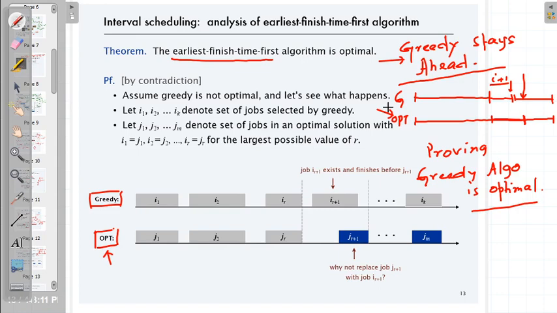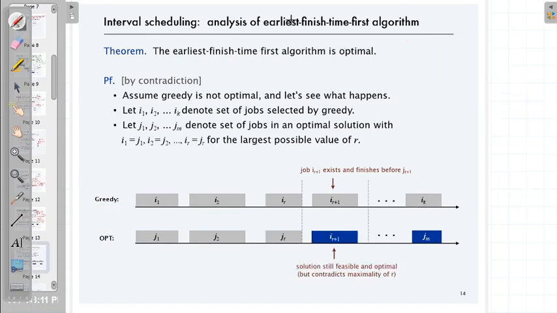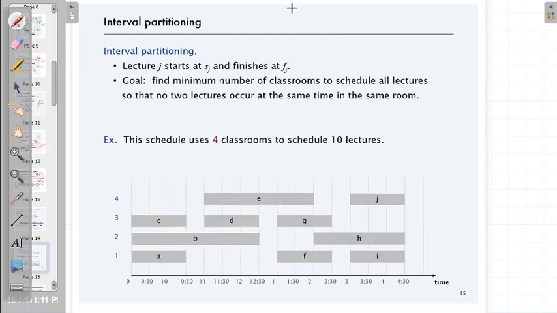So today, up to this, and in the next class we will be dealing with another algorithm called interval partitioning. In interval scheduling, we had one resource. That was one of the bottlenecks.